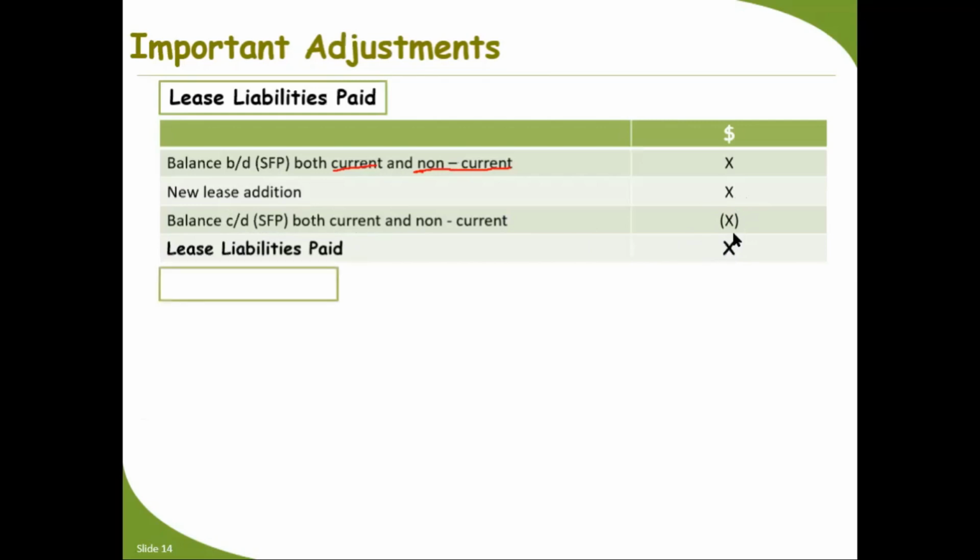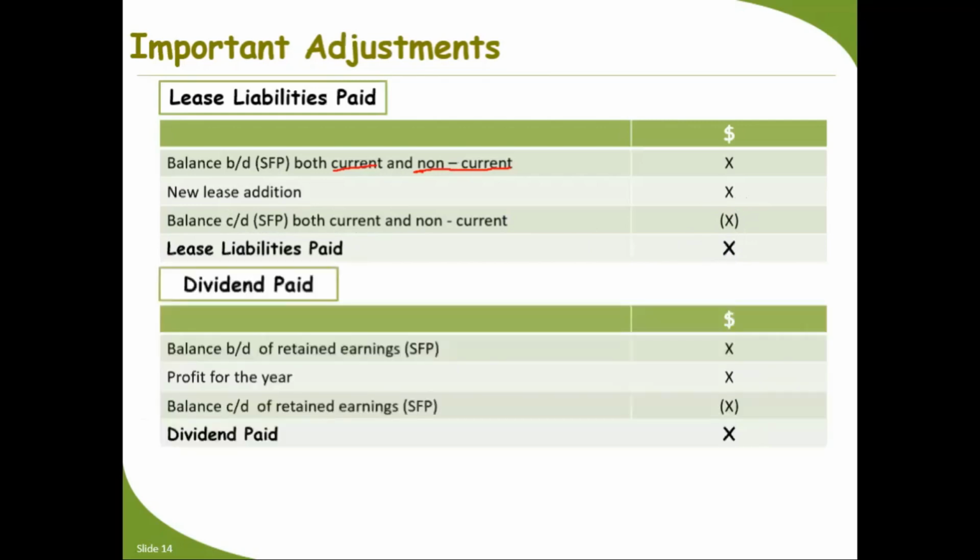Okay. Then dividend paid. Balance brought down, from where we will get retained earnings, which would be given to us in your SFP or in the statement of changes in equity. And then the profit for the year we will add, and then we will subtract the closing balance of retained earnings.